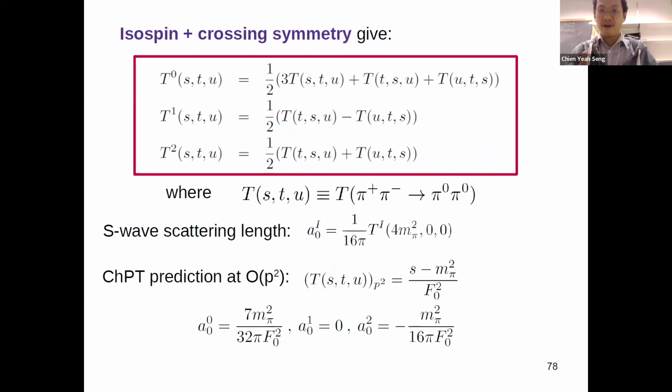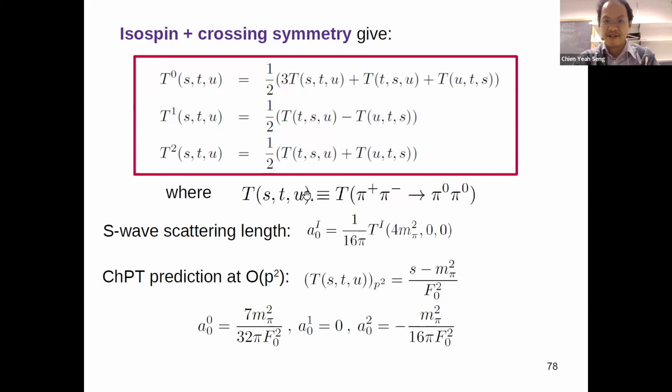Now, without going into more detail, you can actually prove, and I encourage you to prove by yourself, that the different isospin scattering amplitudes can all be parameterized using a single amplitude. This is based on isospin plus crossing symmetry.